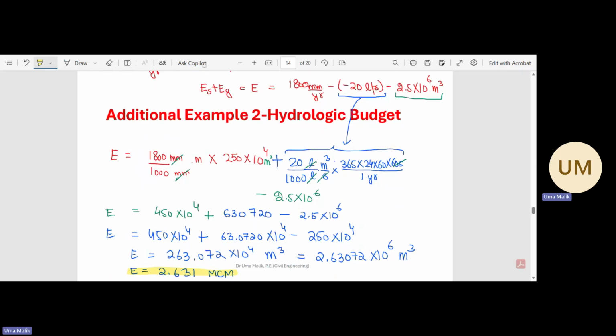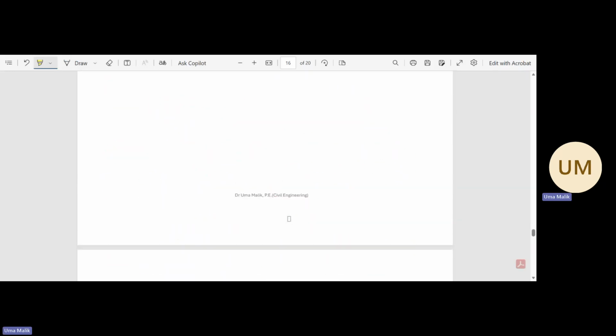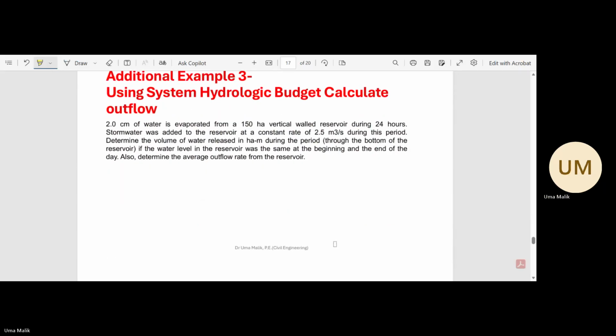Okay, so this is my next problem. Now the last problem for this hydrologic budget is this one. So let's see what is given to us. We have been given 2 centimeter of water evaporated.